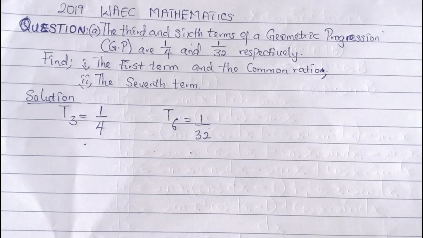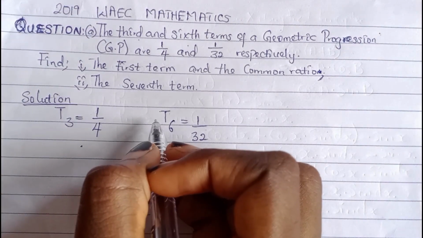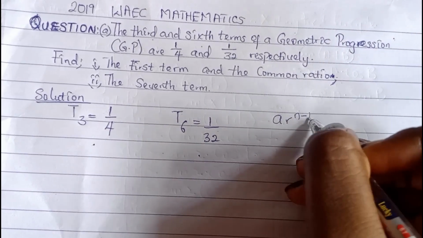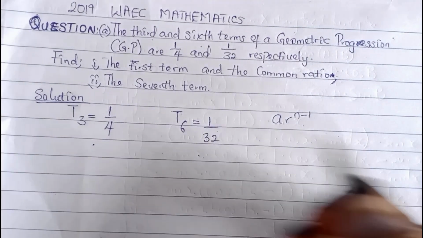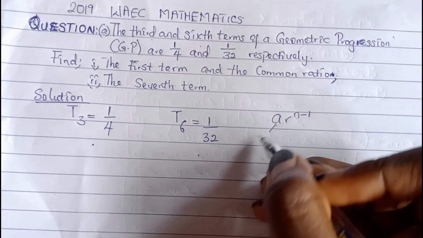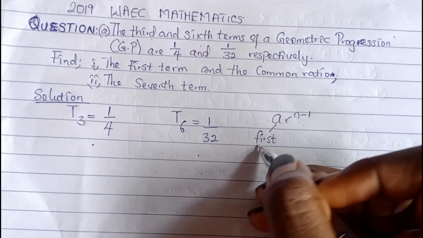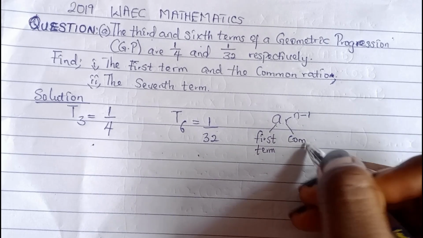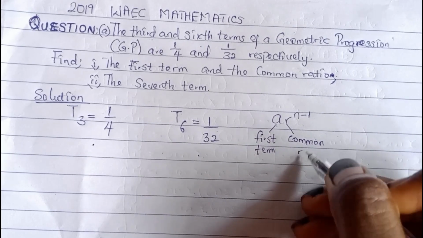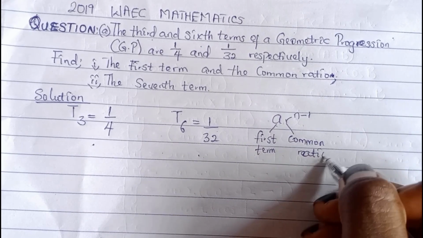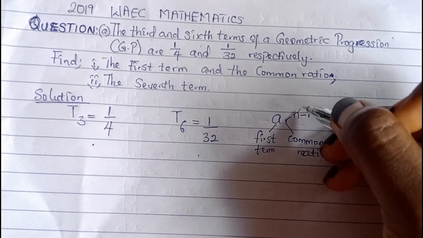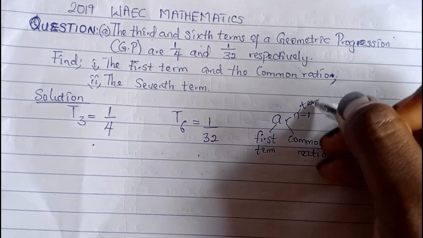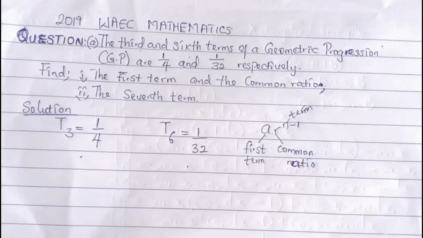The next thing is that this is a GP. So the formula for a GP is AR raised to n minus 1, where A is the first term, R is the common ratio, and n is the nth term.